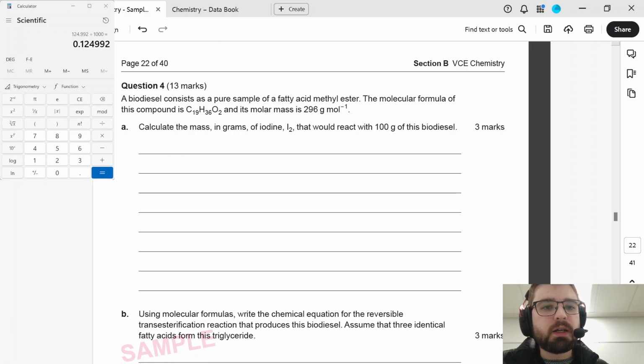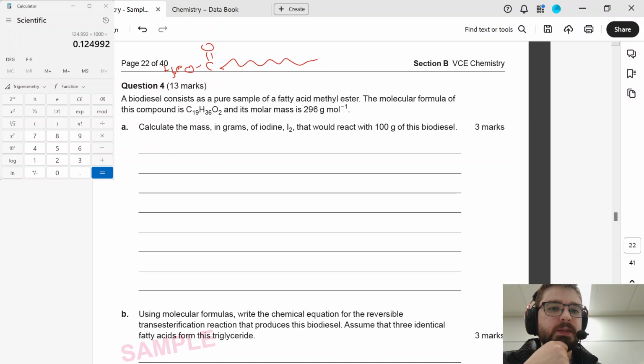So if we think about it, I should probably know this formula off by heart in general anyway. It's going to be CH3 there, and then it's going to be basically a bunch over here. So if I subtract the methyl ester bit off, I subtract 2 carbons, and I subtract 3 hydrogens, and I subtract the 2 oxygens.